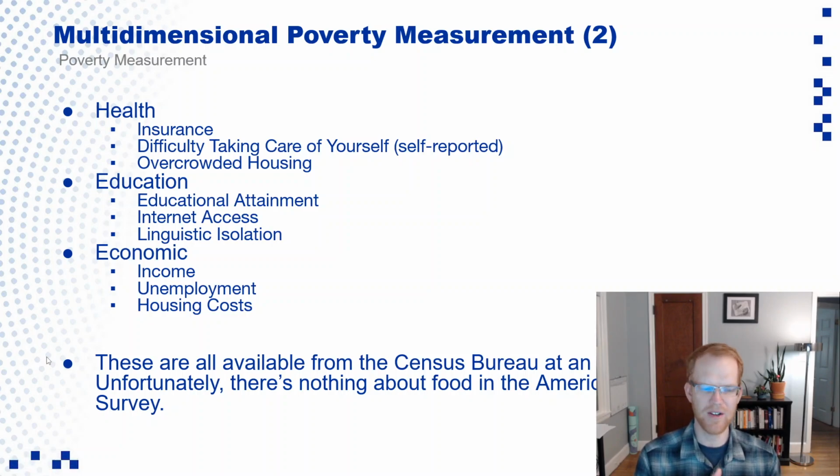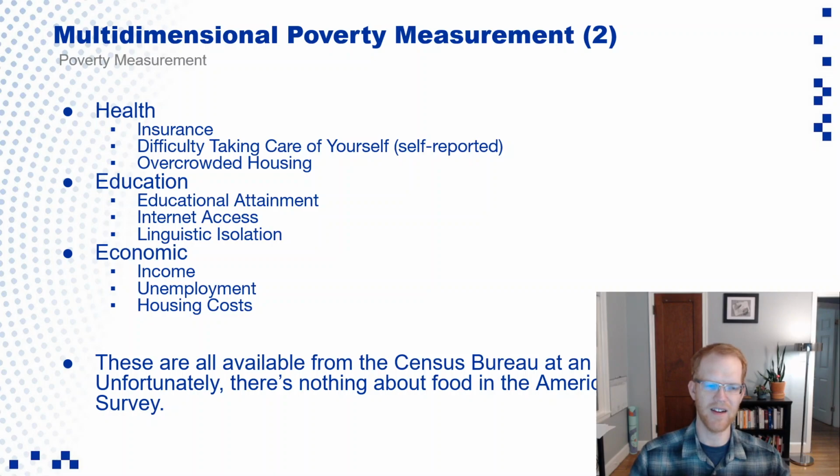So from the American Community Survey, you could get individual level microdata. For health, you could get insurance. You could get self-reported disability in the form of difficulty taking care of yourself, overcrowded housing. You could get education indicators. Internet access is also one that I think is worth paying attention to.